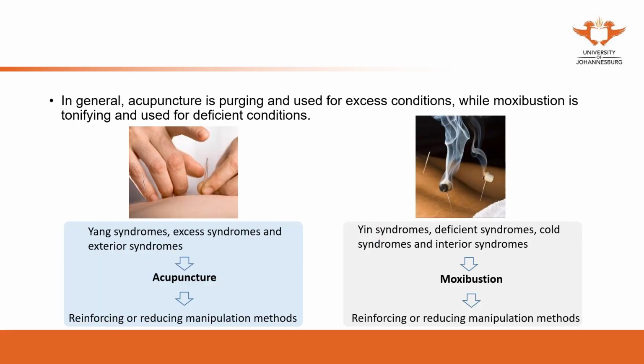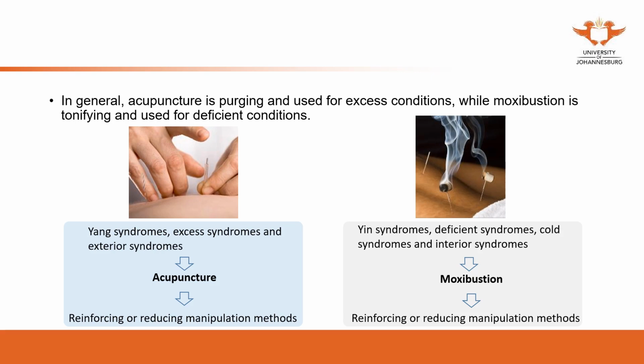So these are the general principles. Acupuncture is reducing for excess, moxibustion tonifying for deficiency, but you can use the combination. You also can choose according to the specific conditions.